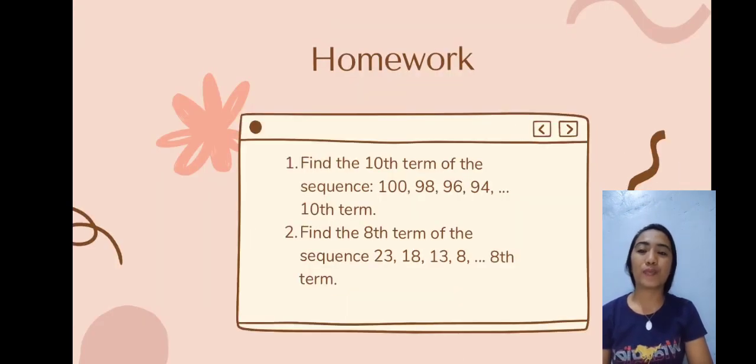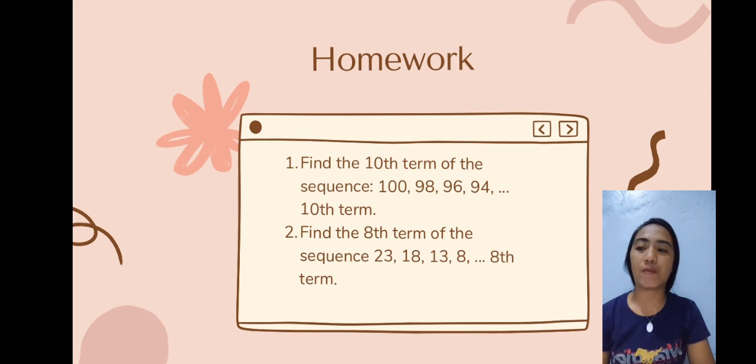So now, after we solve those activities, we will have our homework, of course. To know if you already know the arithmetic sequence. So now we will have 2 items in our homework.